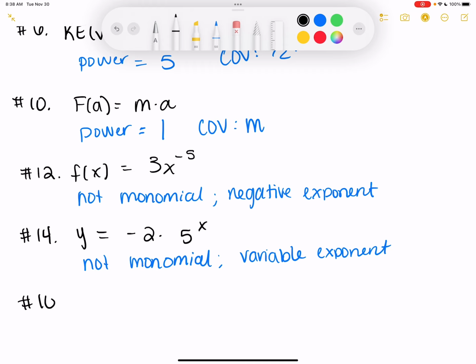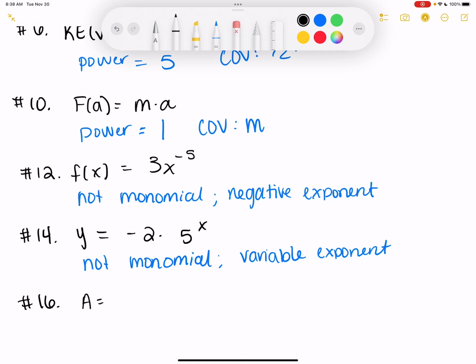What if it's under a radical? That would have an exponent of 1/2, so it's not, or it can be.